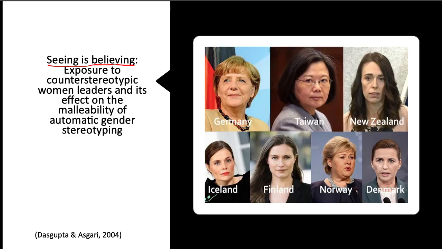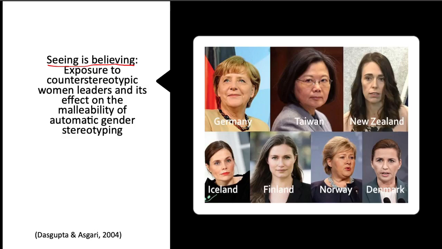The interesting thing is that this compares women who have experienced female leadership with women who have not, and they find that the more female leadership you see, the less you have gender stereotypical ideas that men are better leaders than women.